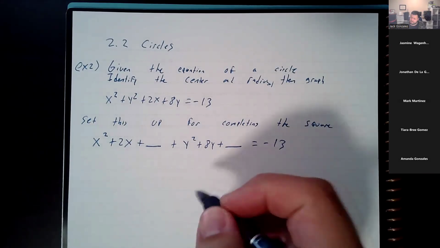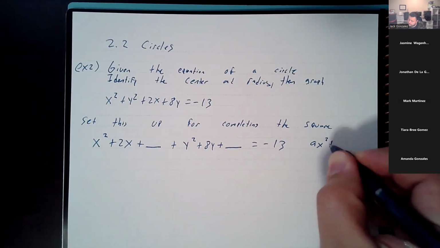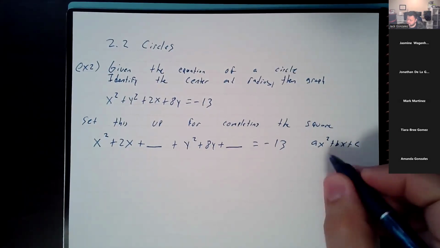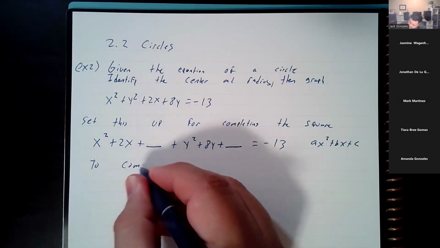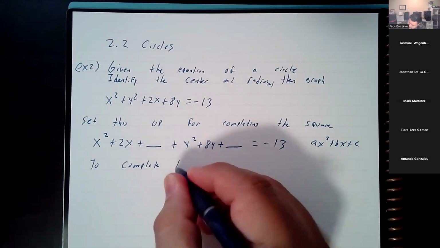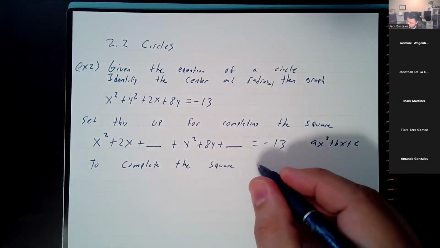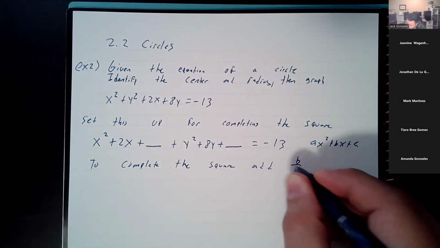So what we did is we remember that the general form was always written this way, right? Then we said to complete the square, add half of b squared.